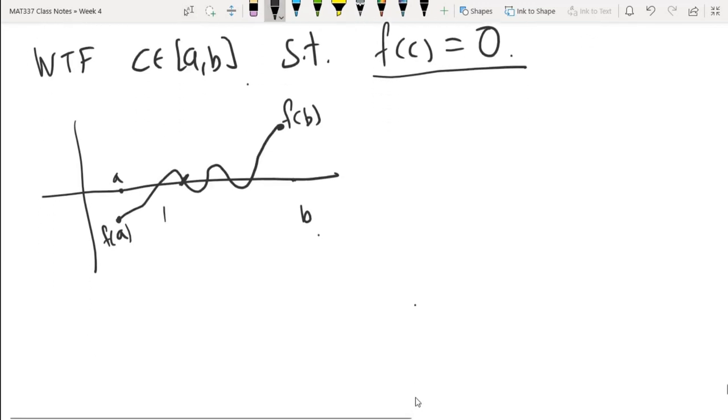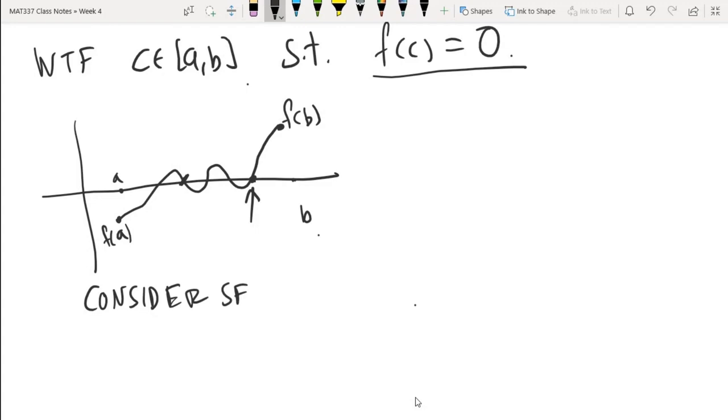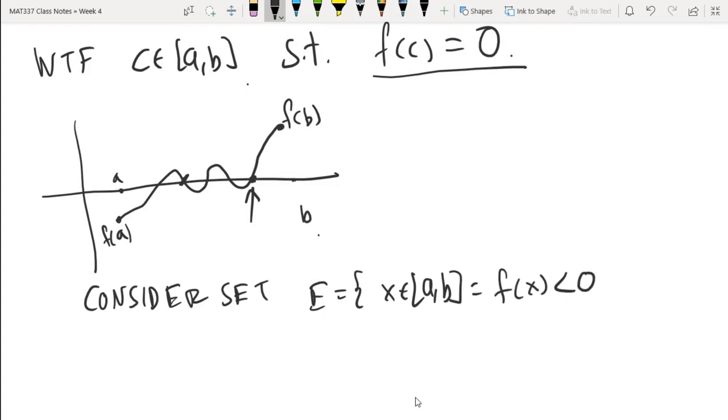One way to catch that zero is to consider the set E of x such that f of x is strictly less than 0.